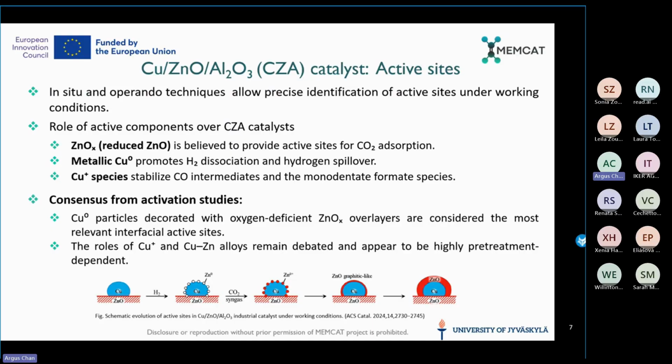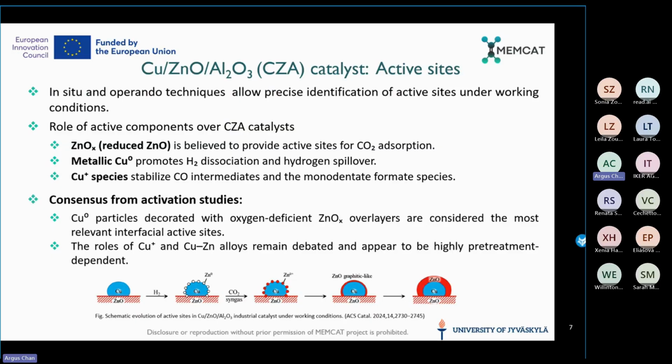This cartoon here in the bottom shows how the catalyst changes during the reaction conditions. So you first have copper deposited on the zinc oxide, and then you reduce it with the hydrogen, you get metallic copper zinc, and then you expose it to the CO2, you get this oxide, and then it continues.